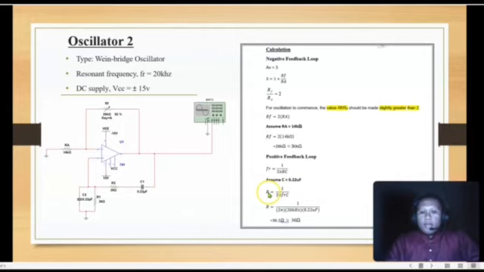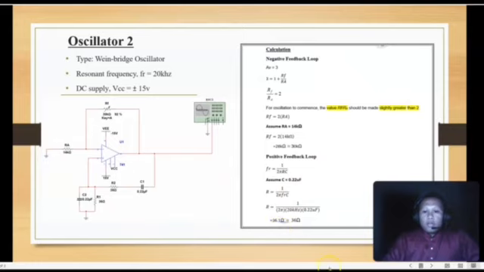And the formula is R equal to 1 per 2 pi multiply FR multiply C, and inside the value that was given, the resonant frequency is 20 kilohertz, and for C is 0.22 microfarad, and we get the answer 36.1 ohm, and we assume the value is 36 only.